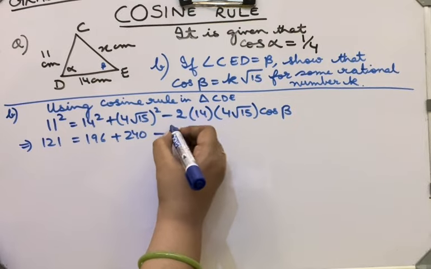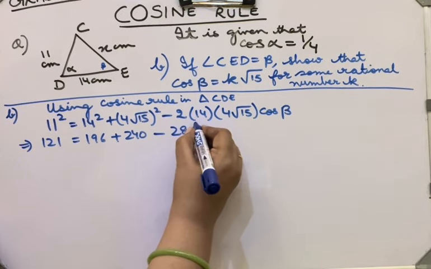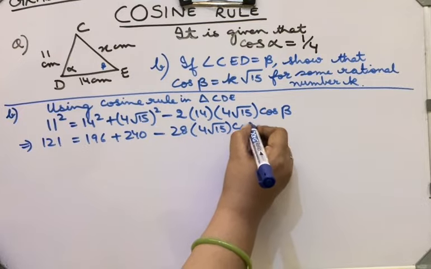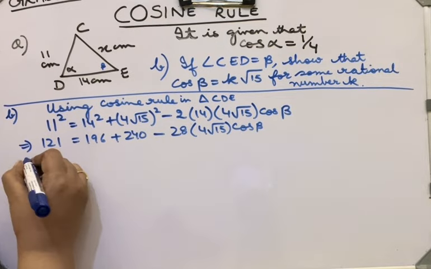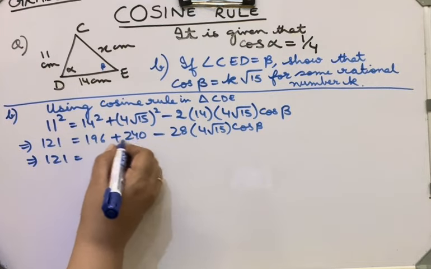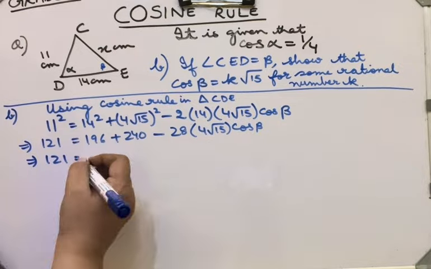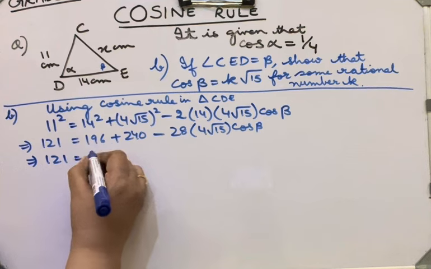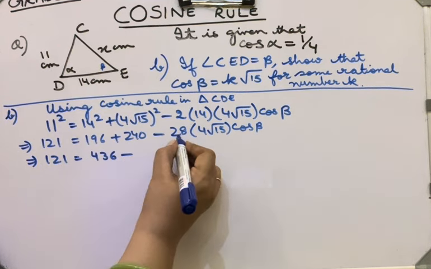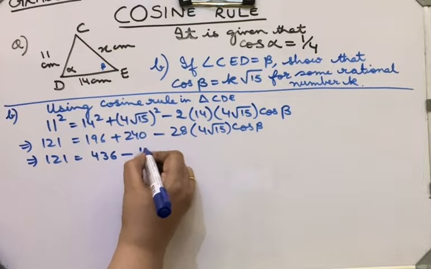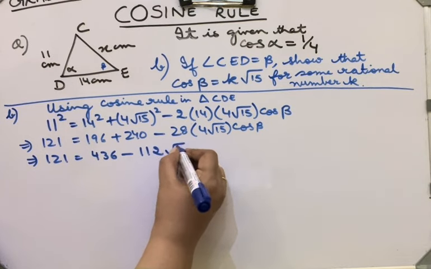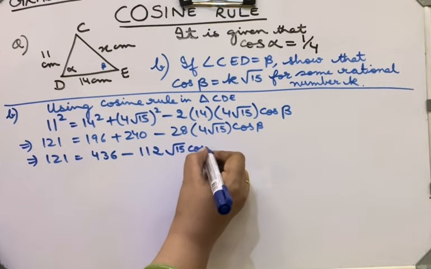Now 14 multiplied by 2 is 28 multiplied by 4 root 15 cos beta. Next, 121 is equal to, adding these two numbers, 196 plus 240 is 436 minus 28 multiplied by 4 is 112 root 15 cos beta.